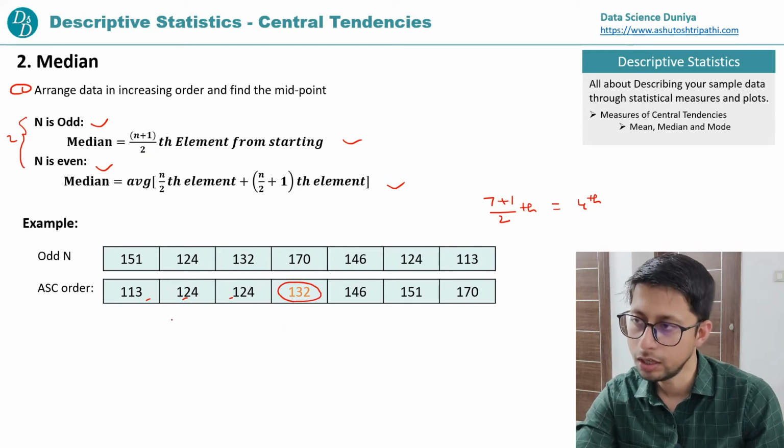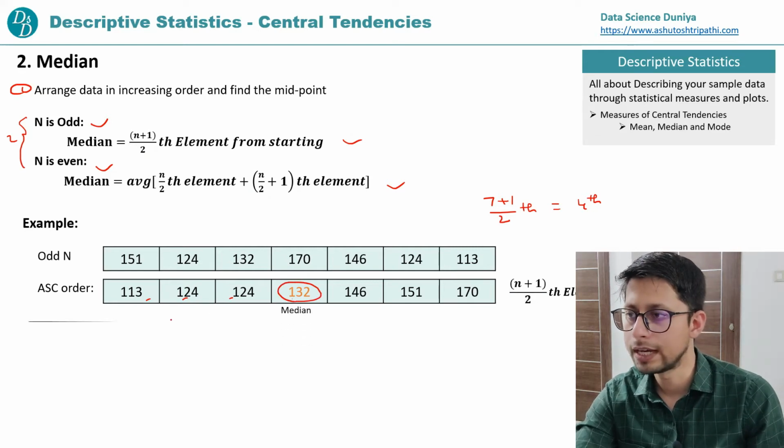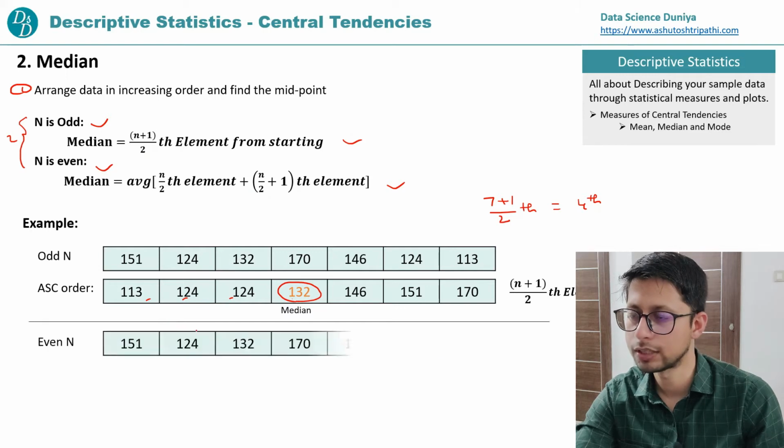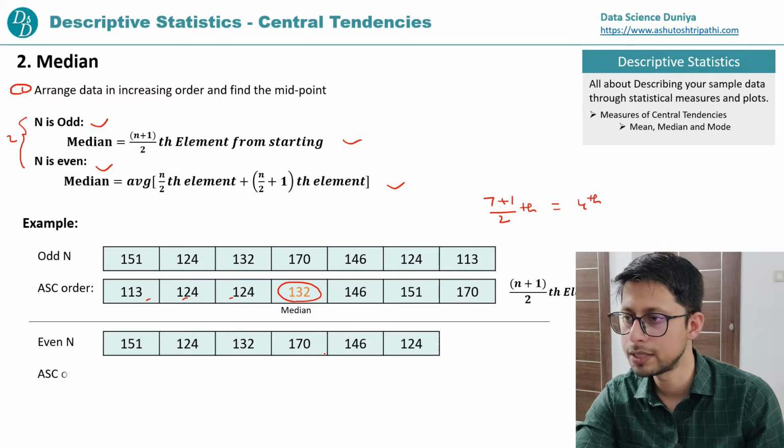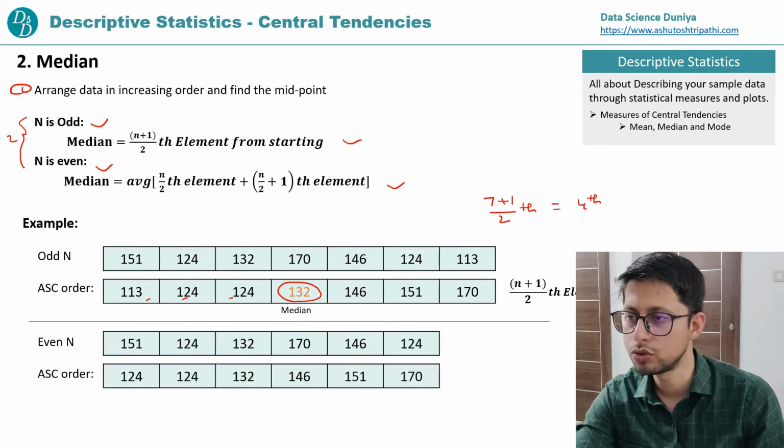Okay, now what if n is even? For that we have 6 elements. First of all, you need to arrange them in ascending order. Okay, so we have arranged them in ascending order, and then the formula is n by 2, so 6 by 2, that element, plus the 6 by 2 plus 1th element.